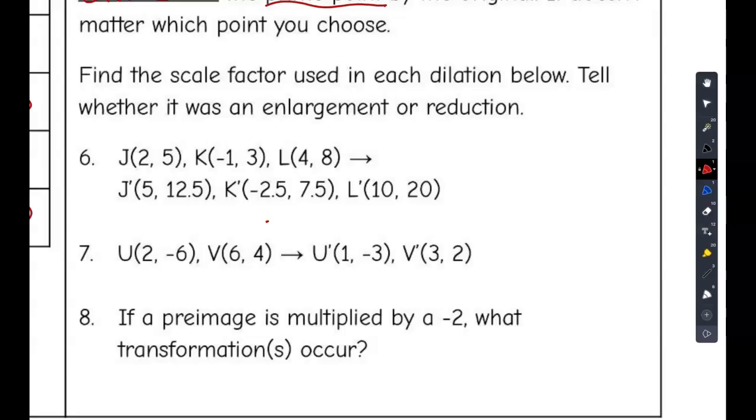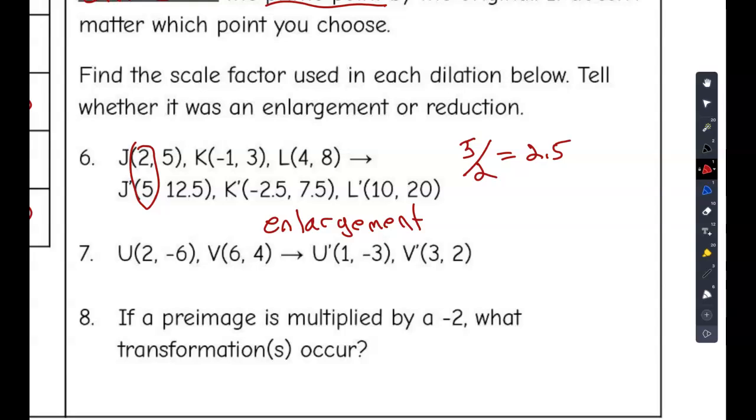So I'm going to put enlargement right here, which means our scale factor needs to be greater than 1. Well, to get that, all you gotta do is just take one of these numbers here, and I'm gonna take 5 over 2 and just divide it, and you get 2.5. So I took these two numbers and just divided. They're from the corresponding coordinate and the same part.